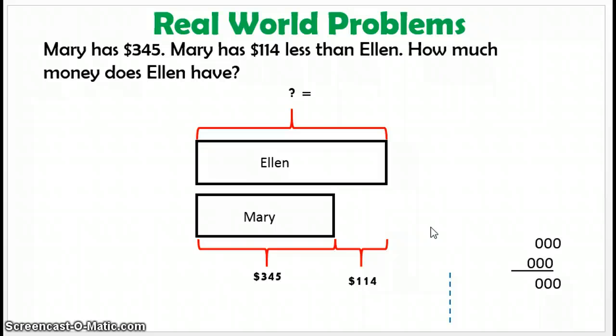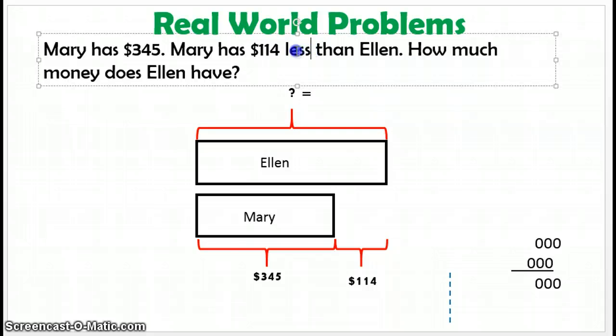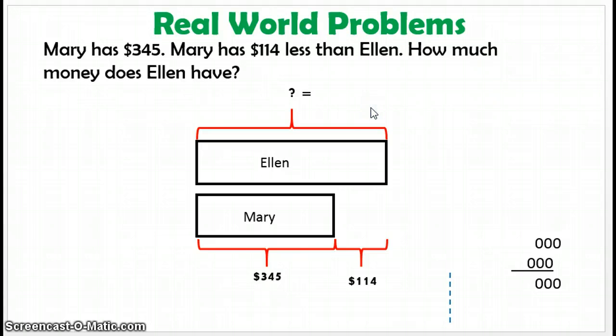Especially because these real-world problems can be very, very tricky. For example, here it says Mary has $114 less. This right here was giving me a clue that perhaps I had to subtract. But as you can see now with my bar model, I don't have to subtract. Okay? I actually have to add.